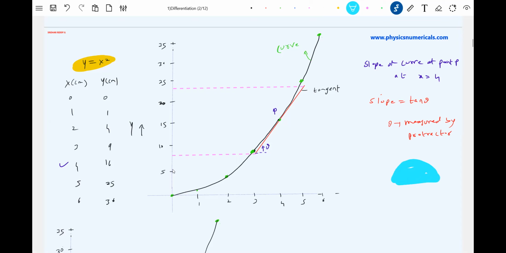Don't know the protractor? Okay, just open the geometry box: a semicircular plastic disc with some lines on it.